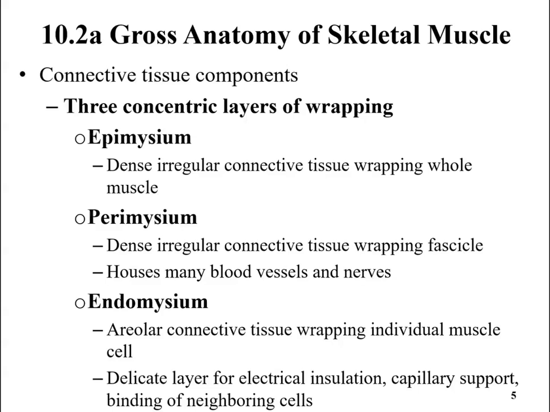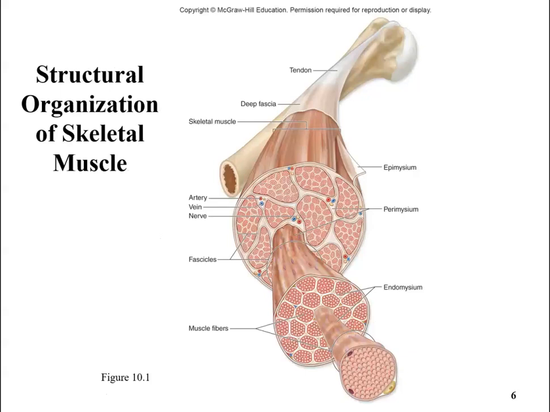And this is where the blood vessels and the nerves are going to be found. And then you have the endomysium, which is going to be areolar connective tissue wrapping individual muscle cells. This is a delicate layer for electrical insulation, capillary support, and binding of neighboring cells. So here we have the muscle itself, this whole organ here.